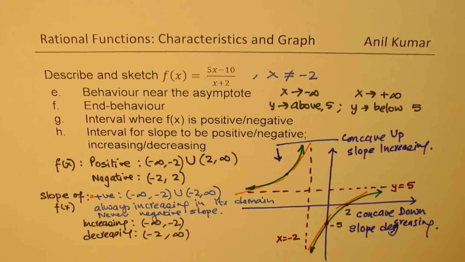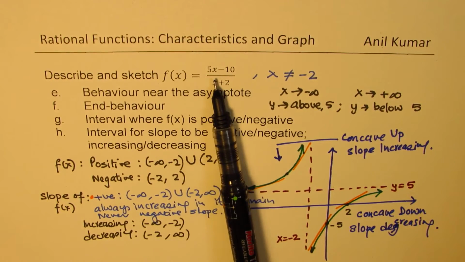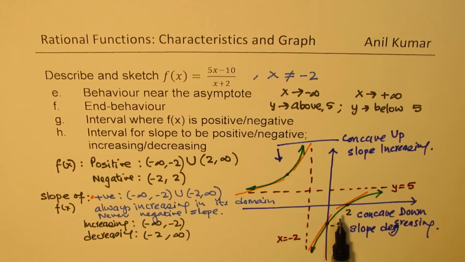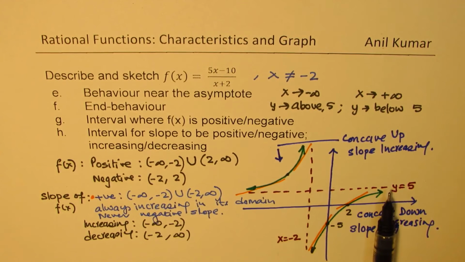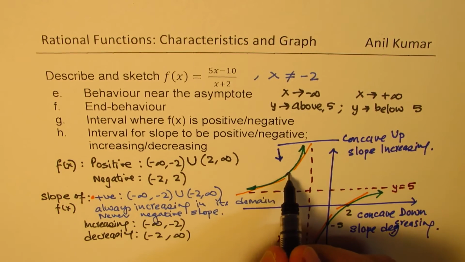So I hope with this you have completely understood how to describe the characteristics of a rational function like this and how to sketch its graph. So we have 5 critical points here: the horizontal asymptote y equals 5, vertical asymptote x equals minus 2, x-intercept at 2, y-intercept at minus 5, and the increasing and decreasing intervals, this critical point which we worked out.